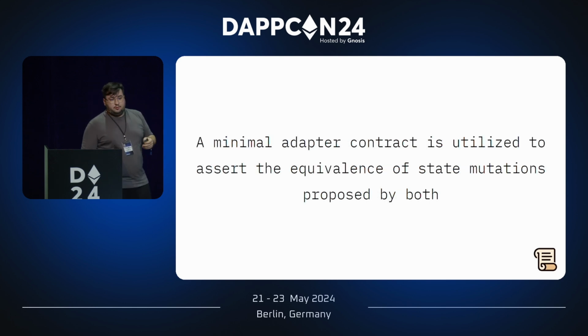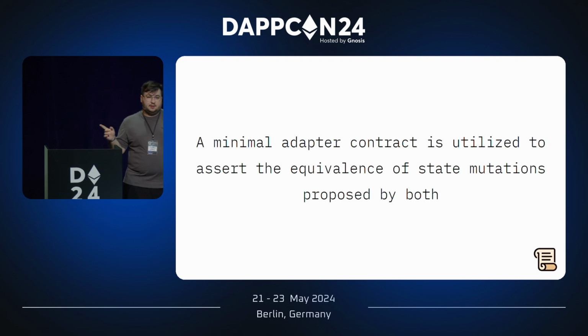And to make it work, we need a minimal adapter contract that handles the checks, whether both of those contracts, say, as I mentioned before, in Solidity and Vyper, are producing the same mutations.